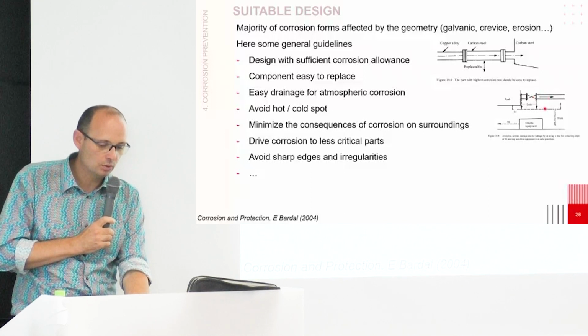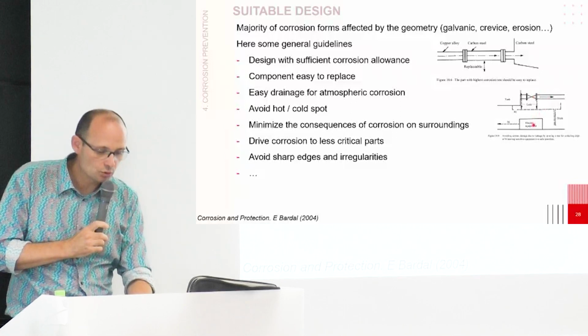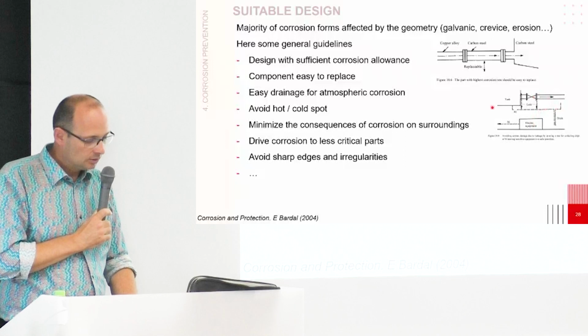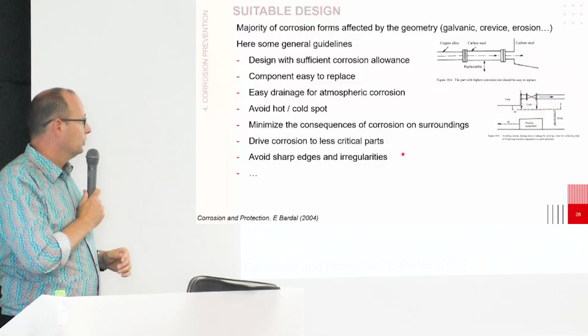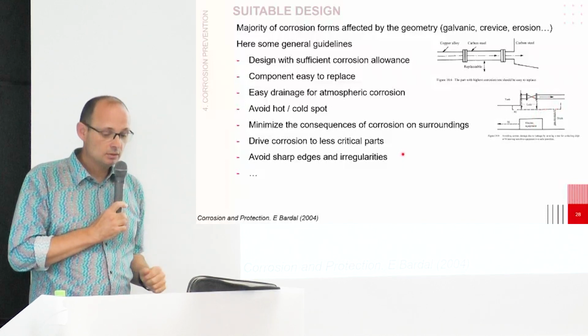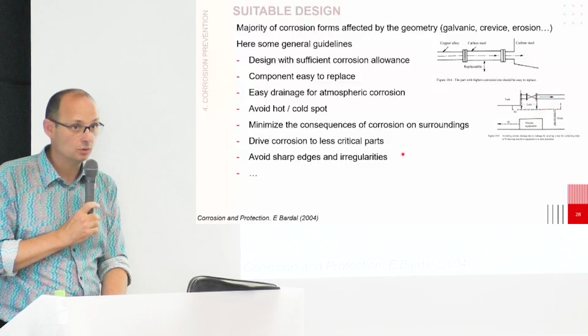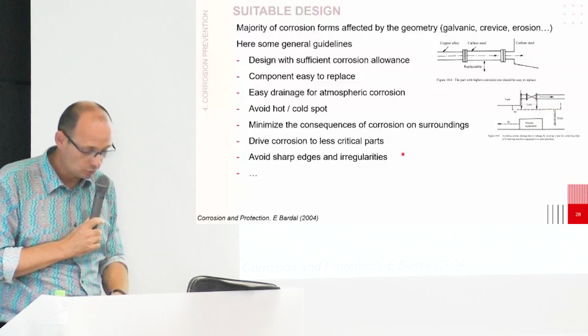If the pipe leaks, it will go directly onto electrical equipment, so I should take a drain to avoid this. Also, I should avoid edges and irregularities in the infrastructure. Easy to say, sometimes more difficult to do.